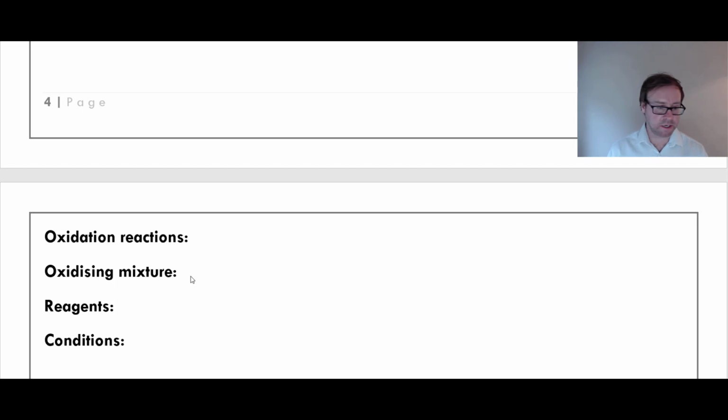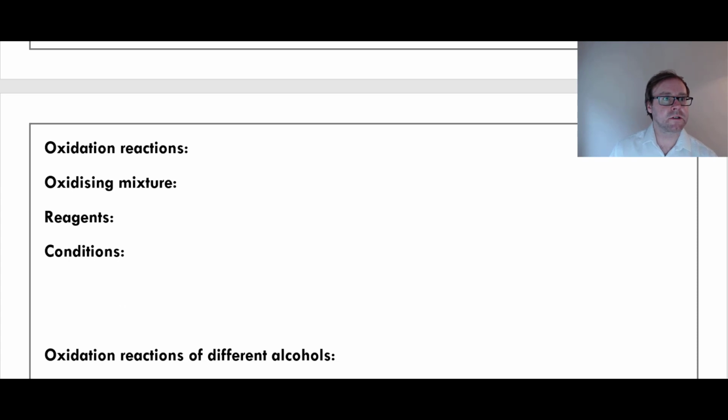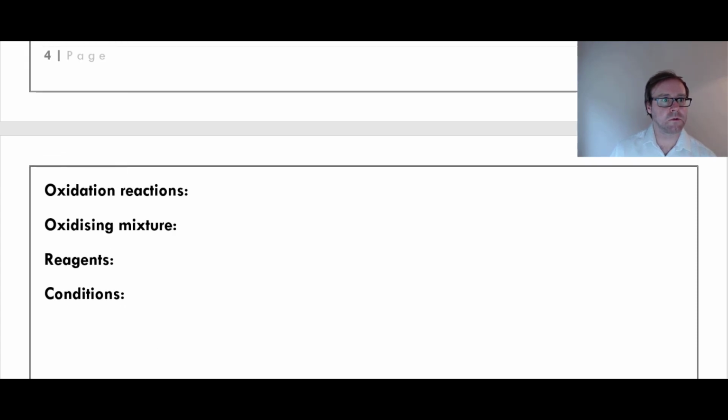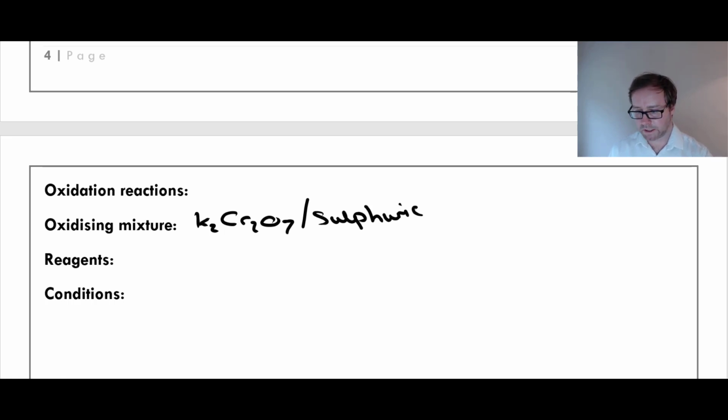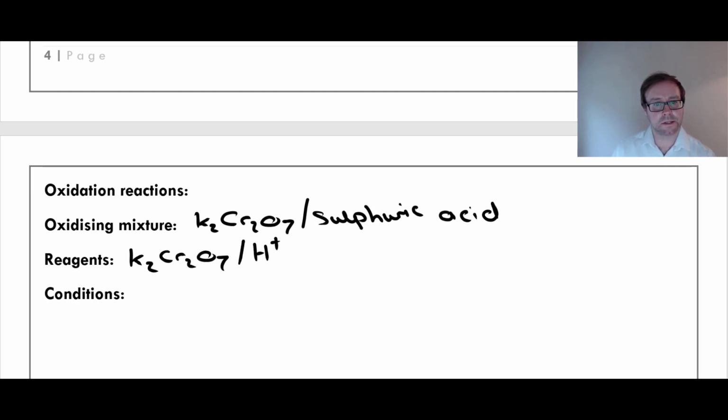Okay, so oxidation reactions. For an oxidation reaction to occur, we're basically adding oxygens or removing hydrogens, and we need an oxidizing mixture. There are lots of oxidizing mixtures, but the most common one is potassium dichromate and sulfuric acid, which we can either write as this, so it's the same thing, or you may just see it as Cr2O7 2- / H+.